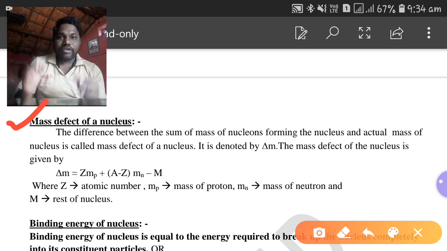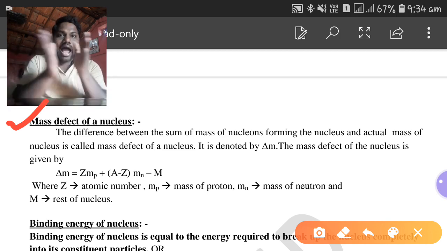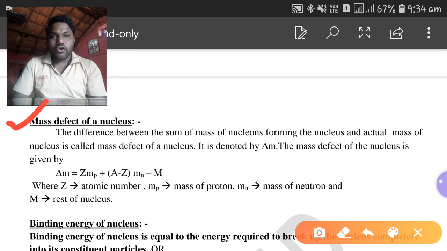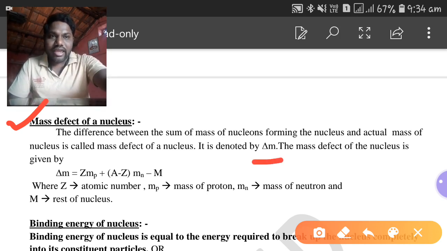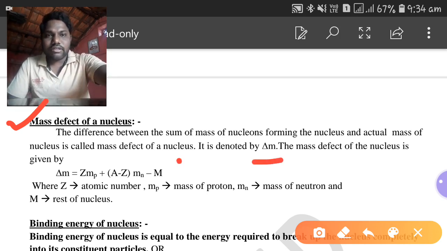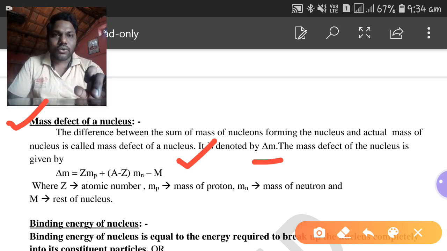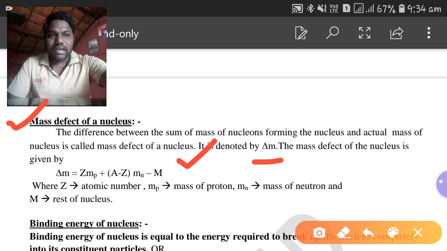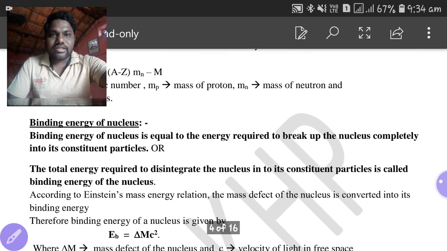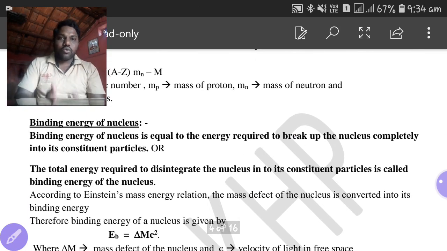The difference between the sum of masses of nucleons and the actual mass of a nucleus is the mass defect, denoted by delta M, given by delta M is equal to Z m_p plus (A minus Z) m_n minus capital M. Next we discussed the binding energy of a nucleus.